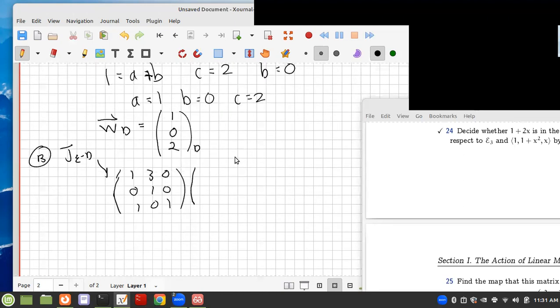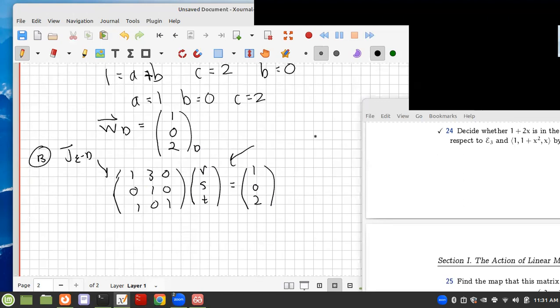We could, but let's just use r, s, and t. So it takes any vector in R3, and we want to know: is there a vector with components r, s, and t for which this matrix multiplication equals this vector here, 1, 0, 2, right? Because this is a linear system.